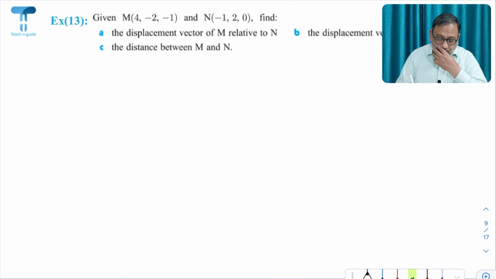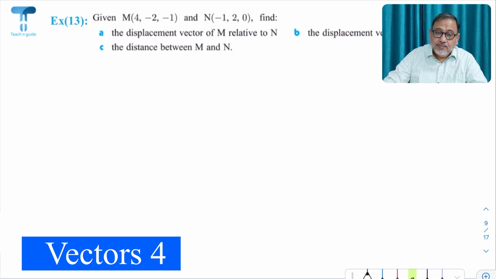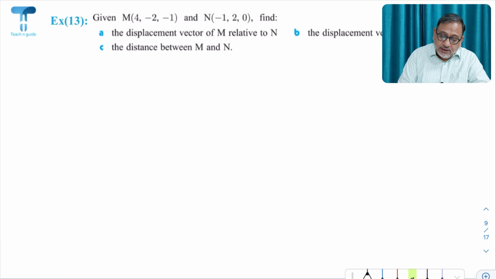Now this question number 13 says M is having coordinates 4, minus 2, minus 1, N having coordinates minus 1, 2 and 0.